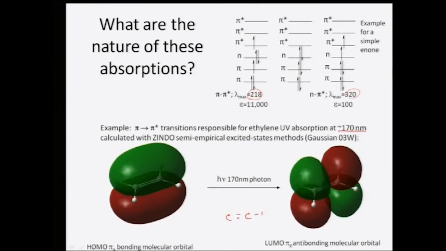Ethylene, we know, is C2H4, so there is a double bond here, and this is what is shown there.